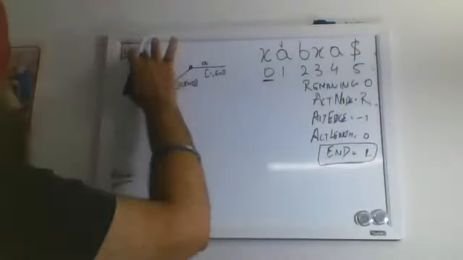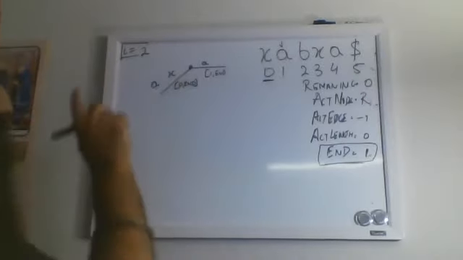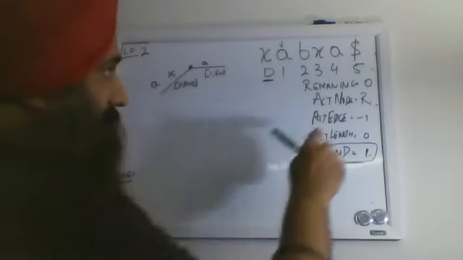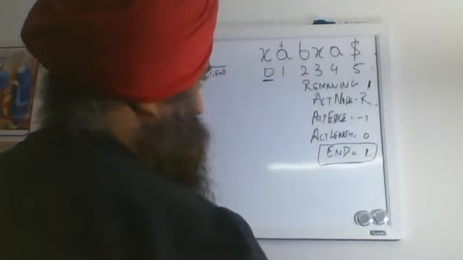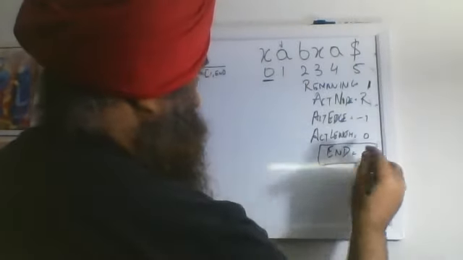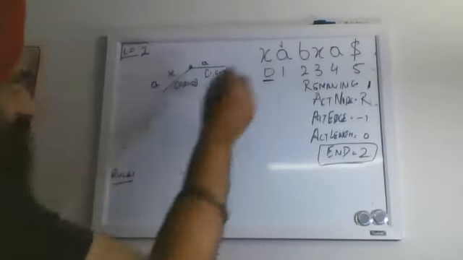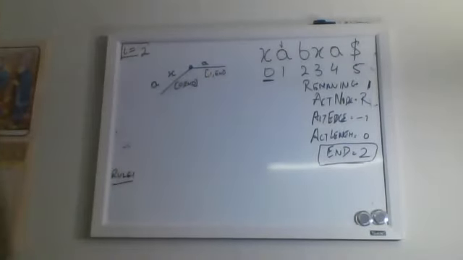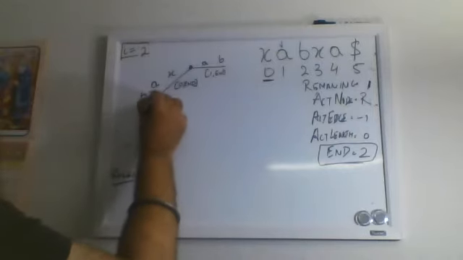You move to the next phase, I is equal to 2. As soon as you move to the next phase, we increment the remaining by 1, which becomes 1. Your end is now pointing to 2. Now since you are storing the global end, which I told you earlier, rule 1 applies.